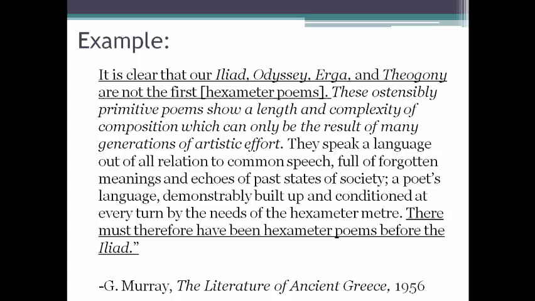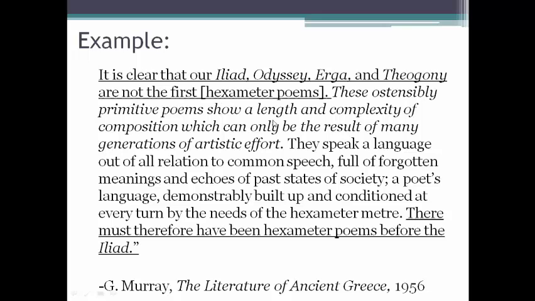So the idea that Murray's going for is, if we look at the complexity and length of poems like the Iliad, we can conclude that there were poems around before, because poems of this complexity wouldn't have been the first ones of that type to show up. So the premise is that these poems, due to their length and complexity, had to be the results of many generations of artistic effort, namely artistic effort of the same type of form.